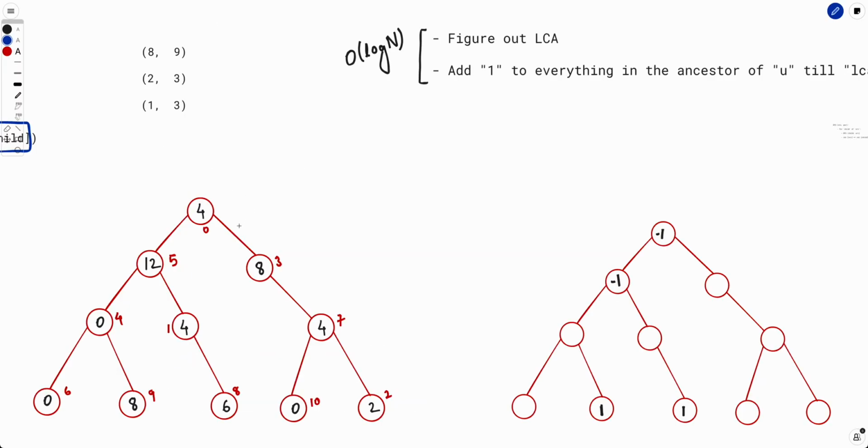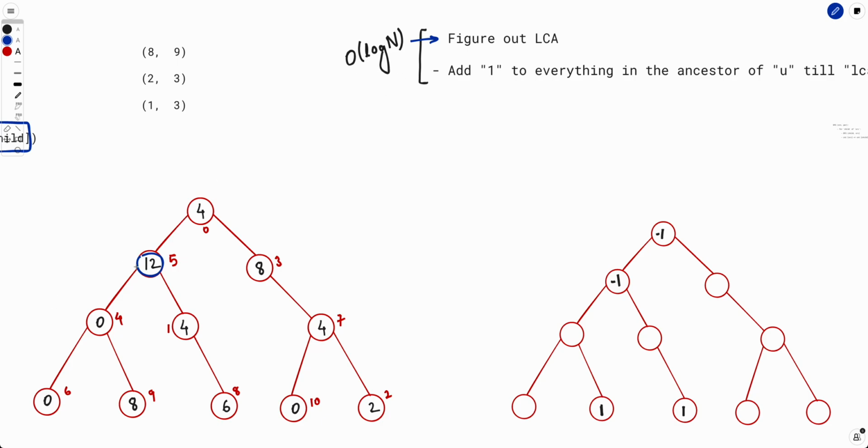Now if we have to reduce this order n into t into something of n log t or t log n, we need to figure out two things. Firstly, we need to figure out the LCA of two nodes efficiently, right? So this is the first part. We have to figure out the LCA efficiently in order log n time.